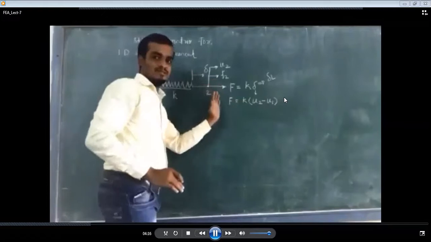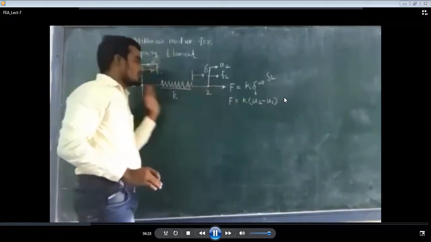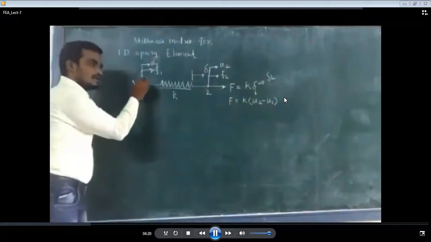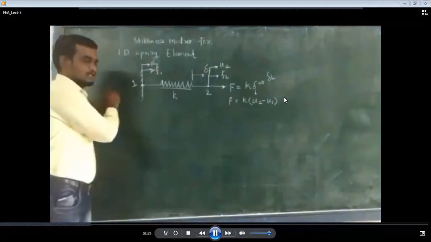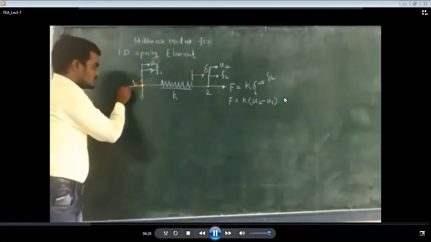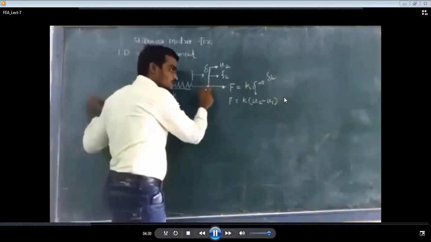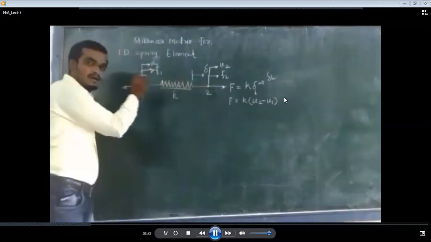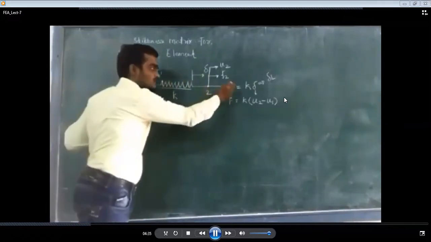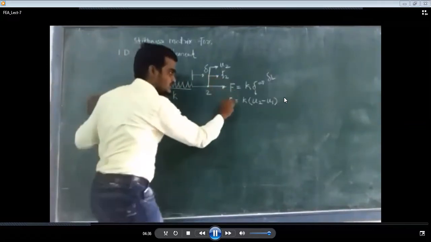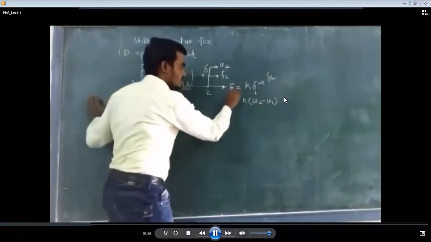Now, if this force F acts at node 2 equal to K times (U2 minus U1), then the same amount of force must act at node 1 but in the opposite direction, as we derived in the case of the one-dimensional bar element. What does it mean?